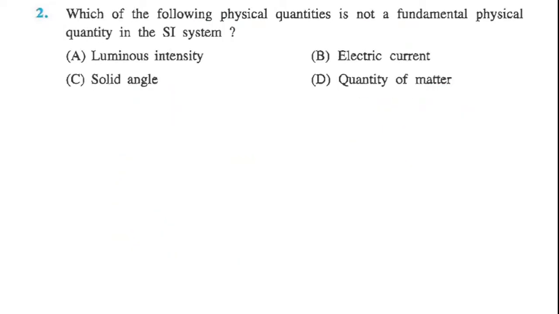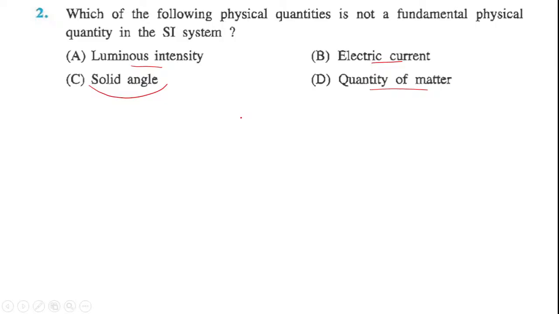And here we have another question. Which of the following physical quantities is not a fundamental physical quantity in the SI system? The options are luminous intensity, electric current, quantity of matter, and solid angle.